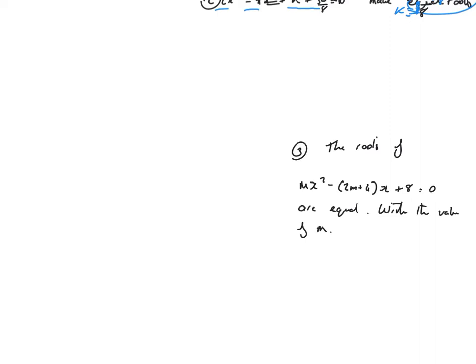Okay, so let's do two things quickly. First thing, let's make a statement: b squared minus 4ac is equal to 0 for equal roots. Next move, let's identify a, b and c. A is the coefficient in front of x squared, that's m. B is the coefficient in front of x, so that's minus bracket 2m plus 4.